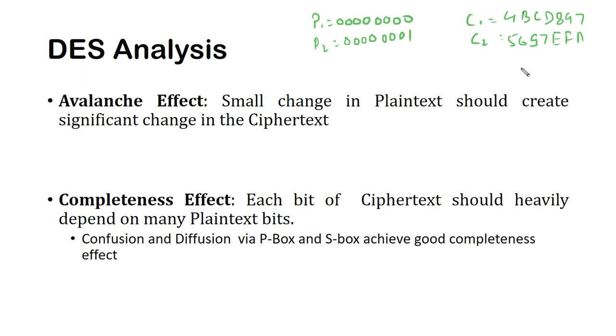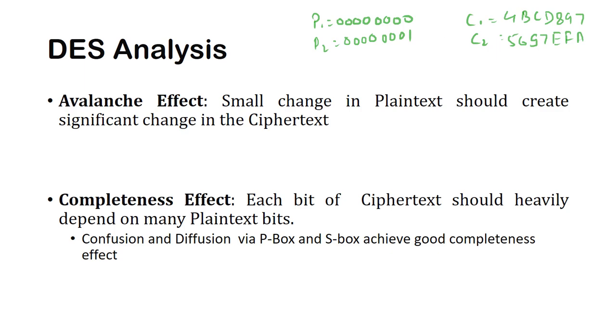So the relationship is that a small change in the plaintext creates a significant change in the ciphertext, and therefore we see that DES performs very well with respect to the avalanche effect.